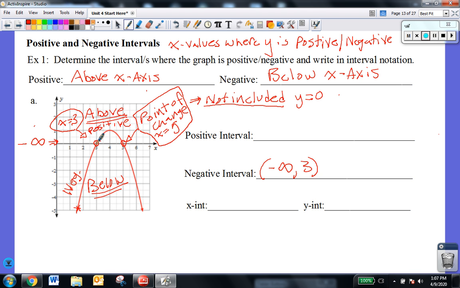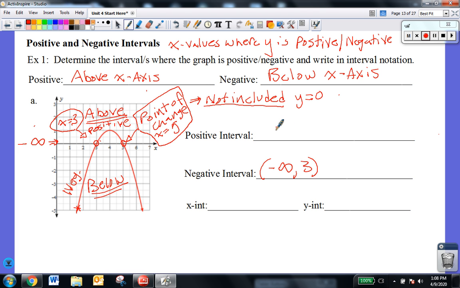Then the graph goes up into the positive section above the x-axis. Any place that the graph goes up here and down until it reaches this new point of change, 5, is positive.